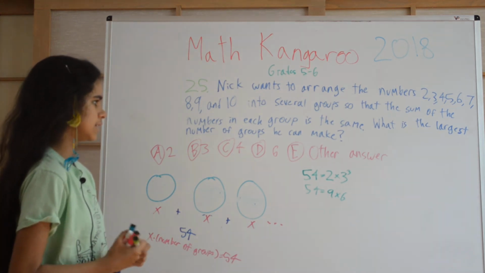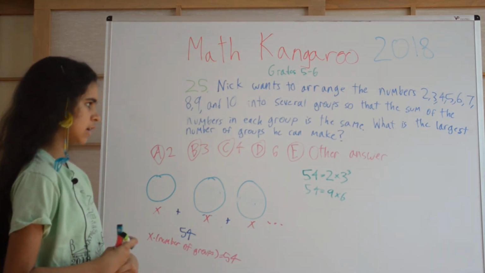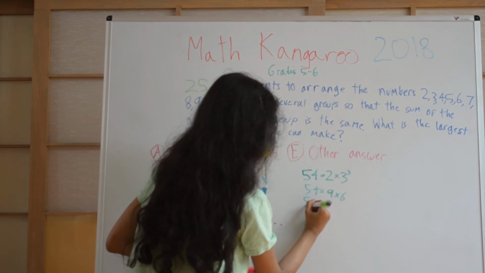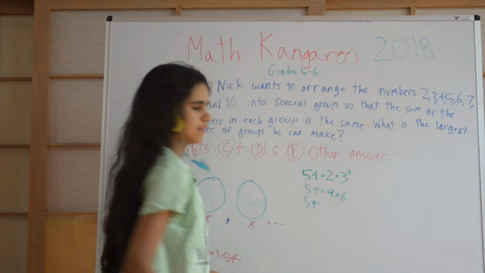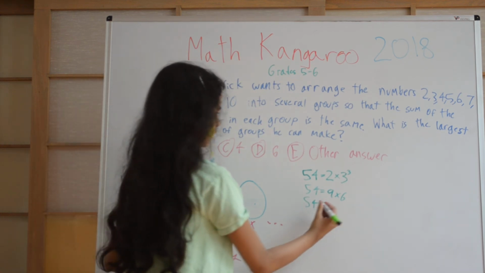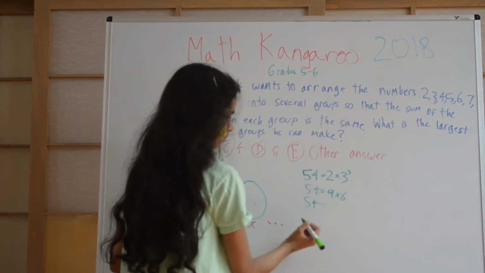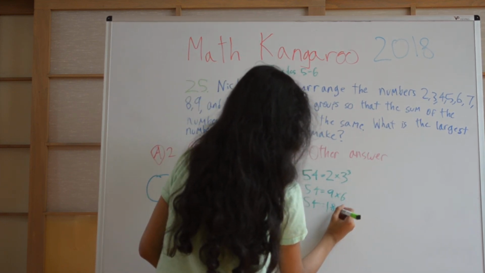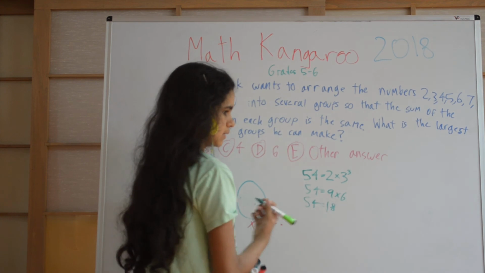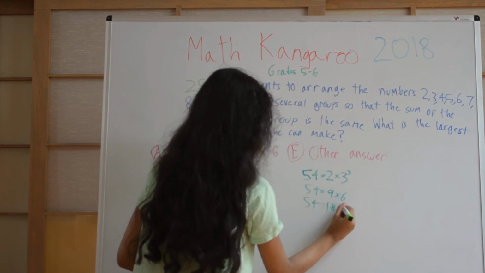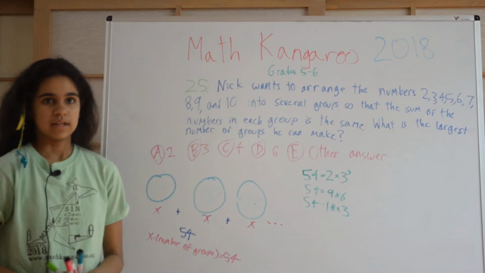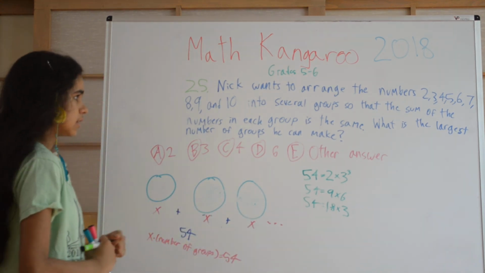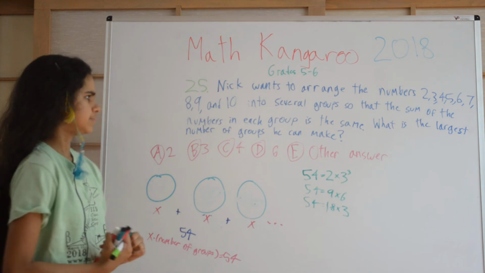So we need to make the number bigger here, and the next biggest factor of 54 above 9 is going to be 18, and it would be 18 times 3. 18 is the next biggest factor of 54, and so we can see if this works.